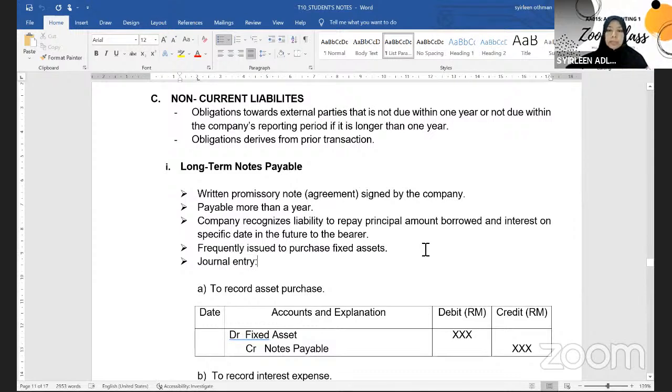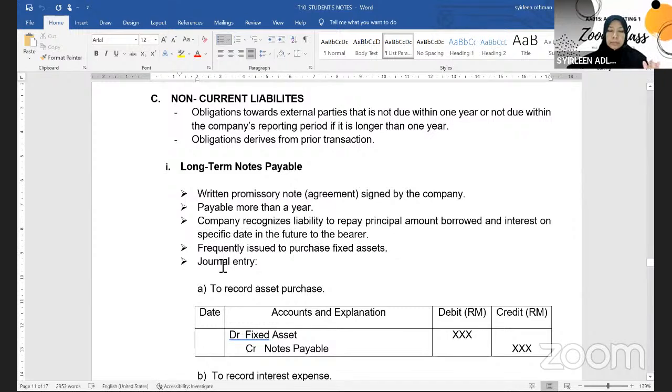Sebab kalau short-term notes payable, you are going to pay the interest expense together with the principal on the maturity date. Tapi for long-term notes payable, how do we go about with the interest? Sebab pengiraan interest tu dia lebih lama, sebab tenure kamu lebih daripada 12 bulan. So you have to have a specific date in the future for the payments of the interest expense.